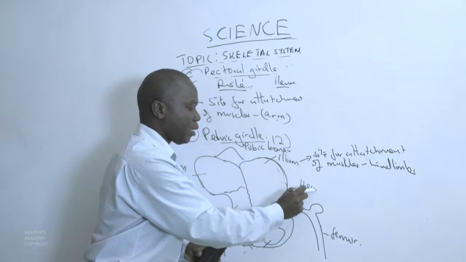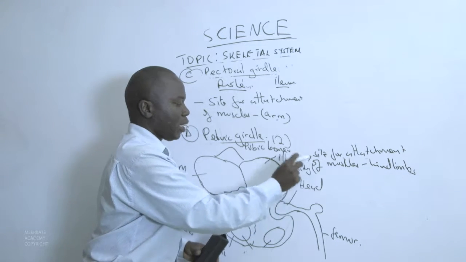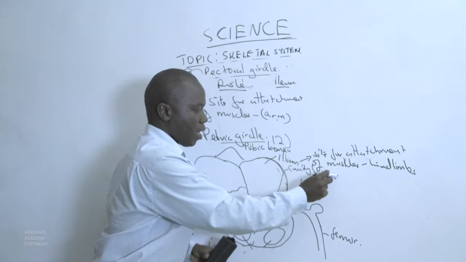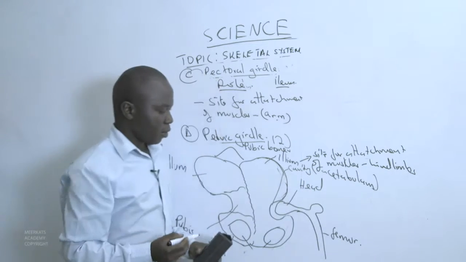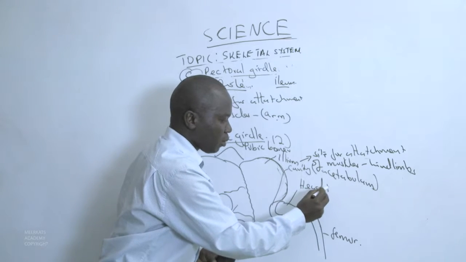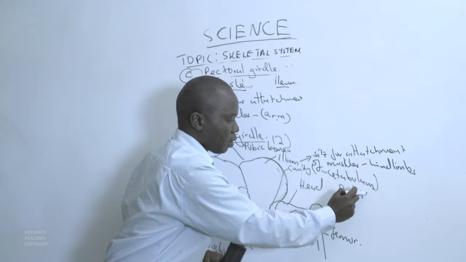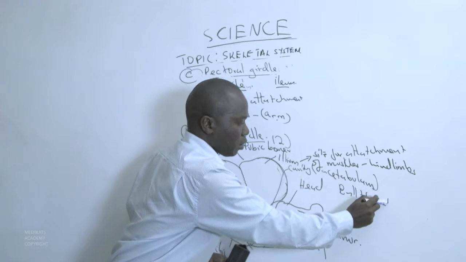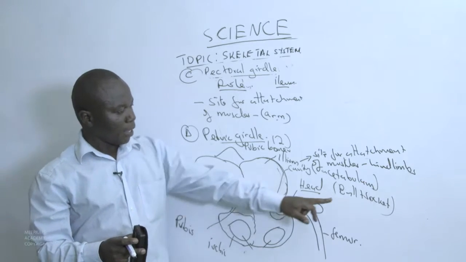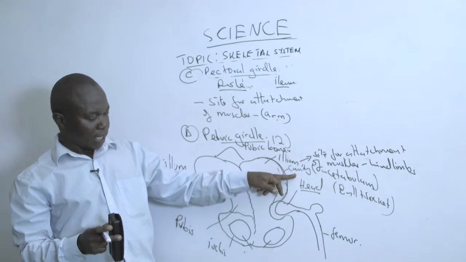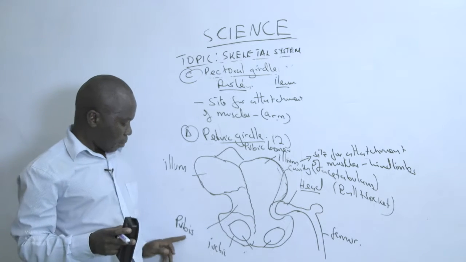That's the head, and that is the cavity, the acetabulum. It is going to form a joint called a ball and socket joint, the ball coming from the head and the socket coming from the cavity of the pubis.